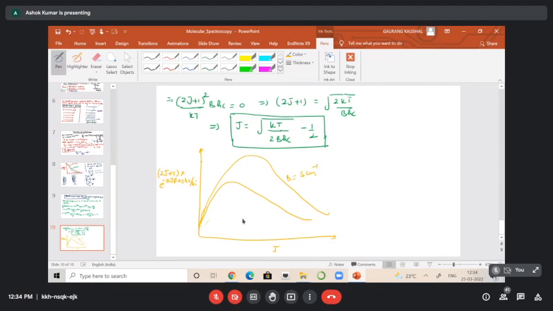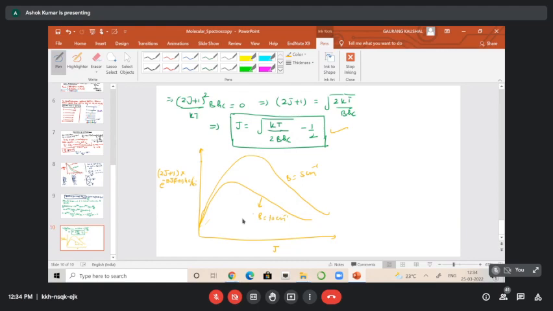See, when you increase the value of B, this population will be lower, because in that expression B is in the denominator. So larger the value of B, lower will be the highest value of the population. This is for B equal to 10 centimeter inverse.